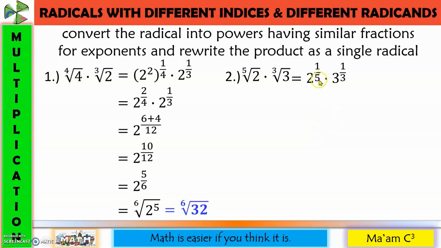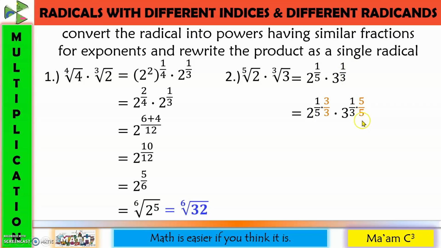So I have to think of a number that I will multiply with 1 over 5 and 1 over 3 that will give me the same denominator. So I'll multiply 1 over 5 here by 3 over 3. 3 divided by 3 is just 1, so as if I did not multiply anything. And then I'll multiply 1/3 with 5 over 5.